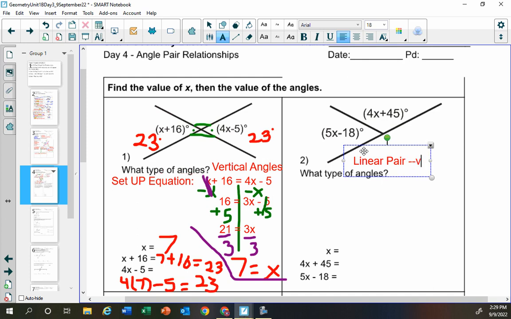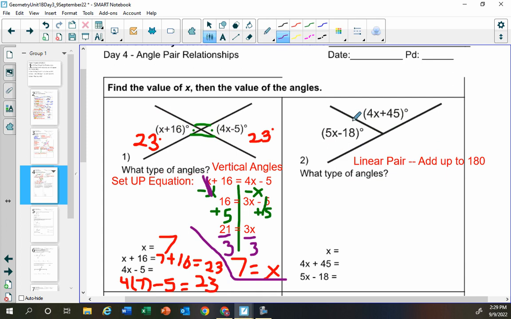That means they add up to what? 180. So linear pair add up to 180. So then what must the sum of these two angles add up to be? 180. So we'll set up our equation.